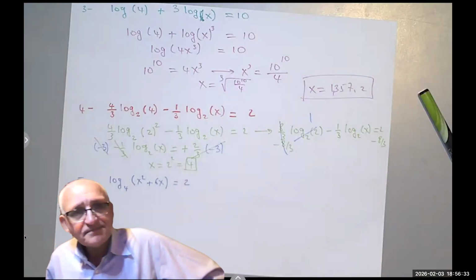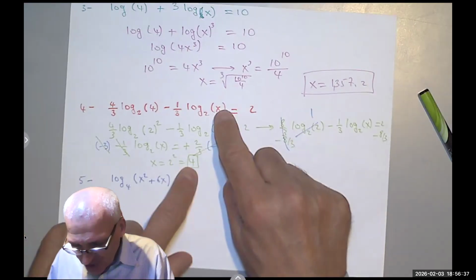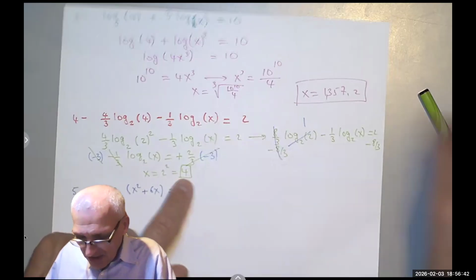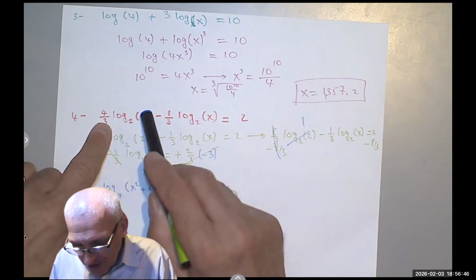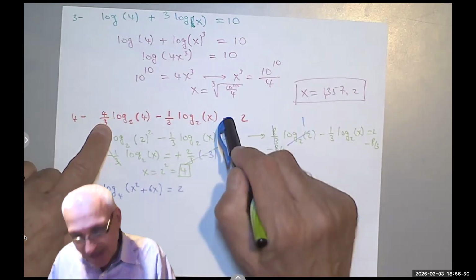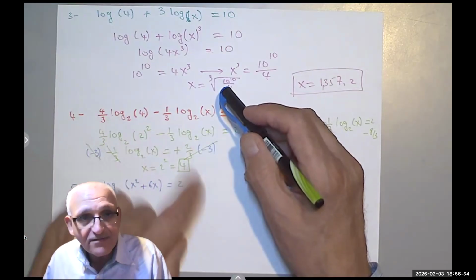Let's look at that. If x is 4, okay? Then I would have 4/3 log 2 of 4 minus 1/3 log 2 of 4, which is the same thing, meaning 4/3 minus 1/3 is 3/3 or 1.